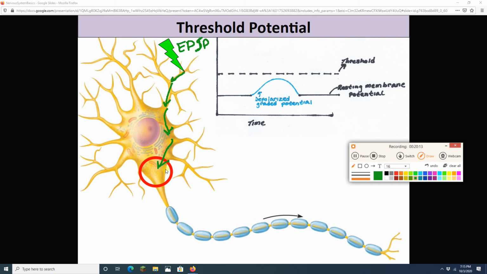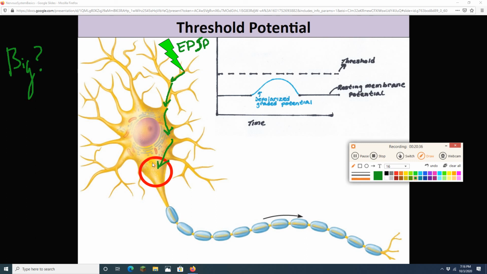As it spreads towards the axon hillock, what will happen to it when it gets there? Will it still be big? That's the question. If we create a depolarization here and it starts to migrate, it will get smaller as it migrates.